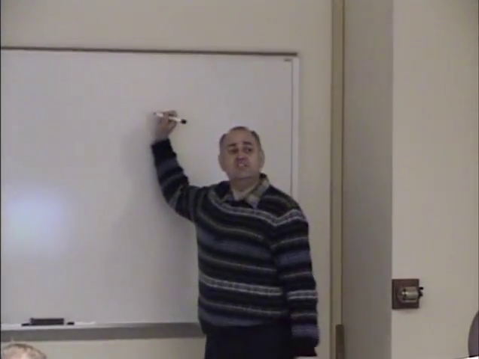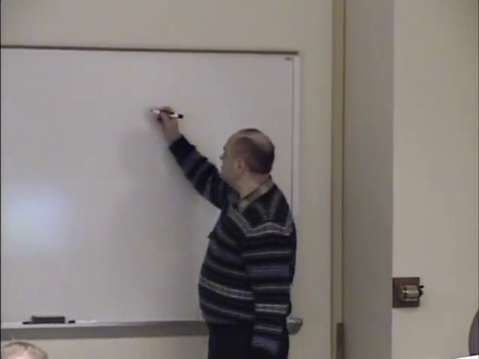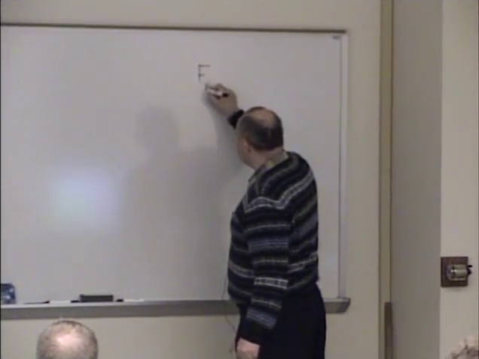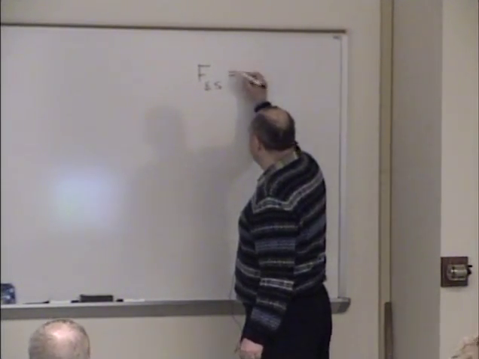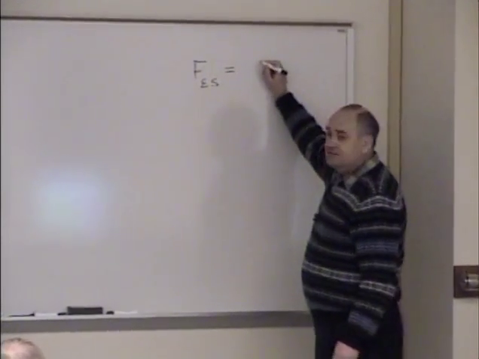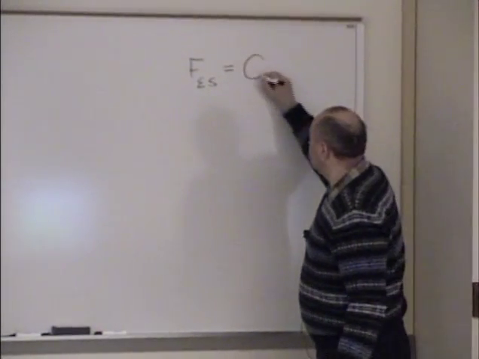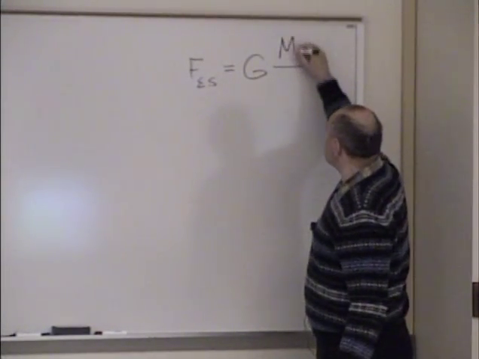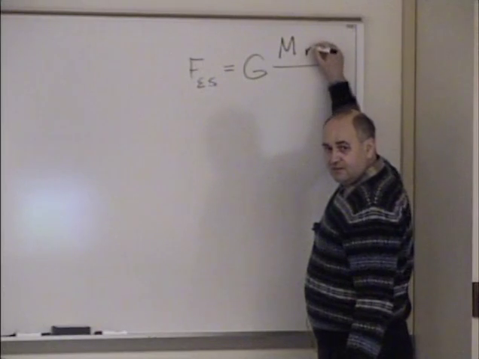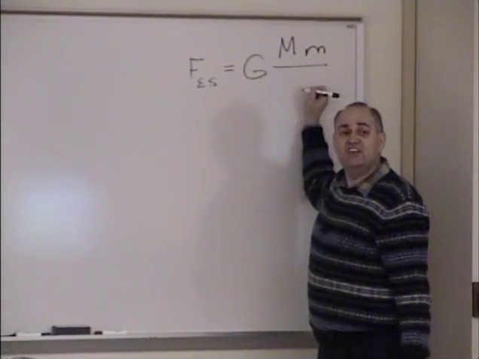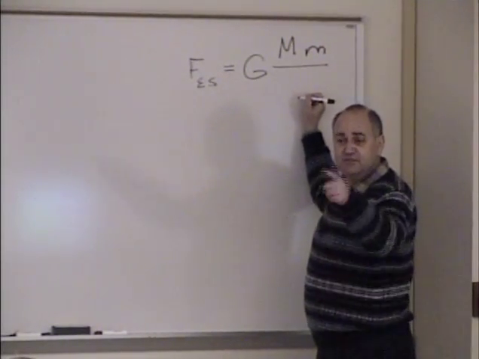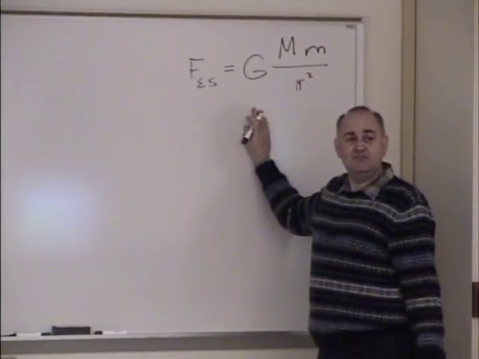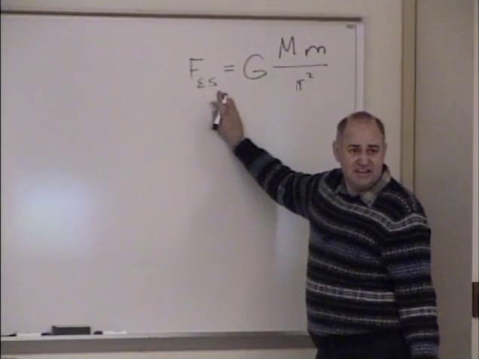So the force exerted by Earth on spacecraft is the gravitational constant, mass of the first object, mass of the second object, divided by the distance between the centers of these two objects, squared. This is the magnitude of the force exerted by the Earth on the satellite.